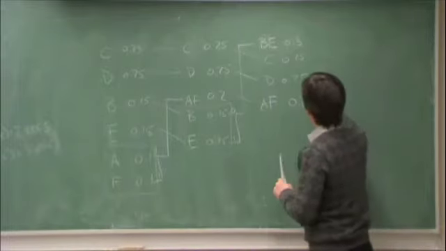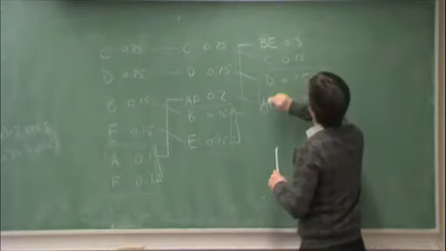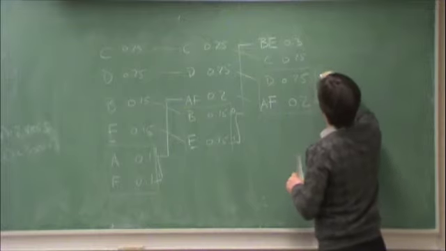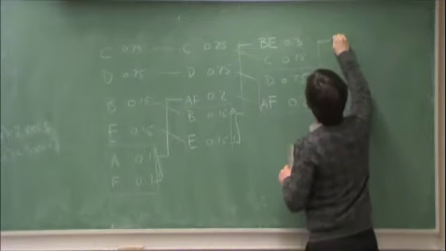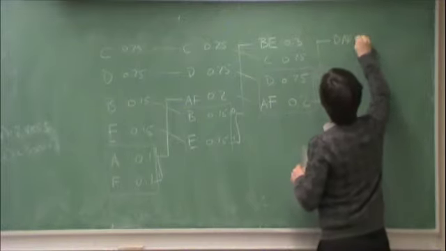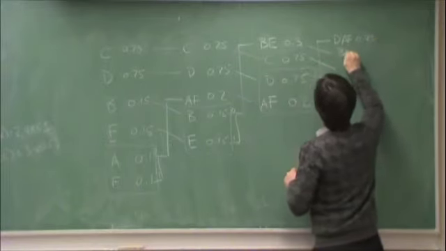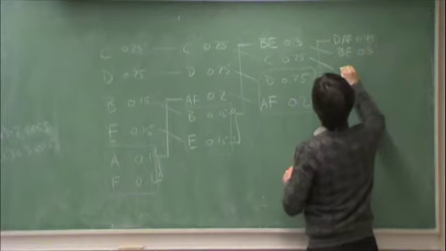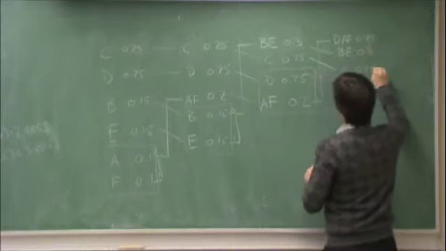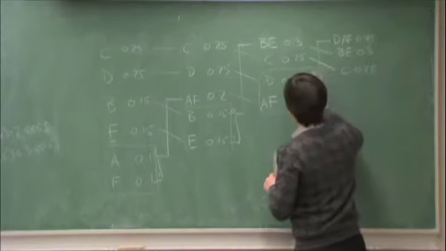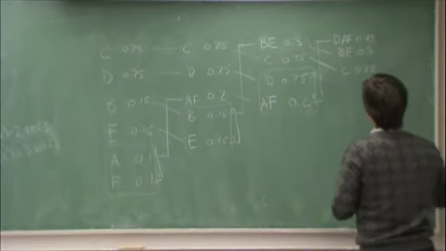Now we combine DAF. Total probability 0.45. That also goes on top. This goes down. This goes down. Combine these two.